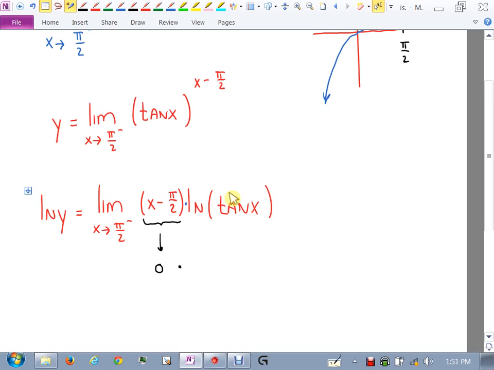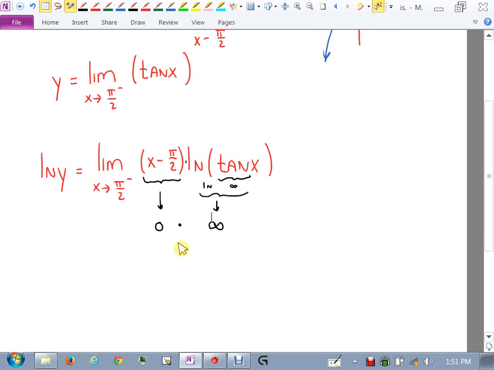Infinity, right? As you go out with natural log to infinity, it's getting bigger. So this is 0 times infinity. Are we happy with this? Yes, because that's 0 times infinity.